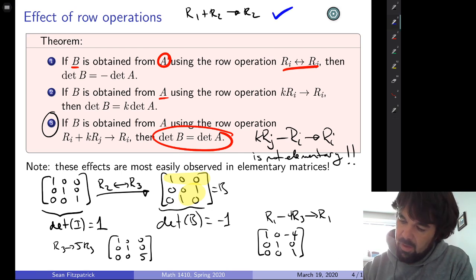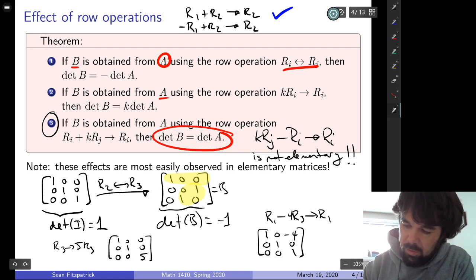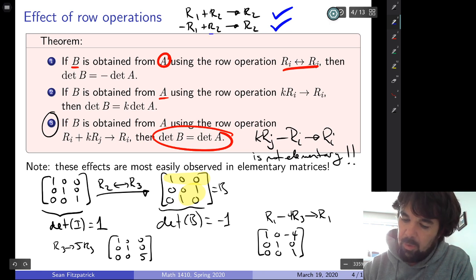If I did minus row 1 plus row 2 into row 2, that's fine, because I'm leaving row 2 alone and adding a multiple of row 1 to row 2. I'm doing minus 1 times row 1 added to row 2. But if I did row 1 minus row 2 into row 2, that's wrong.